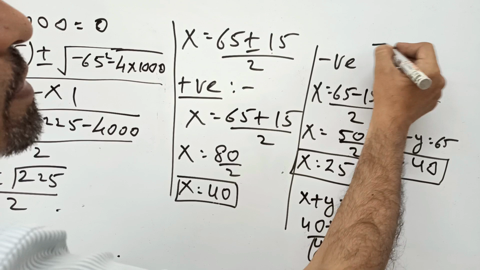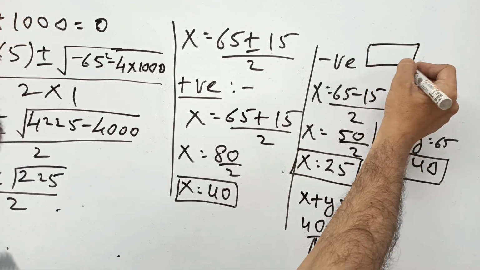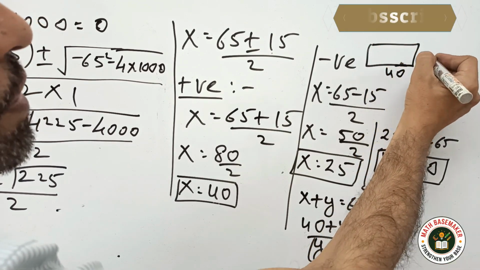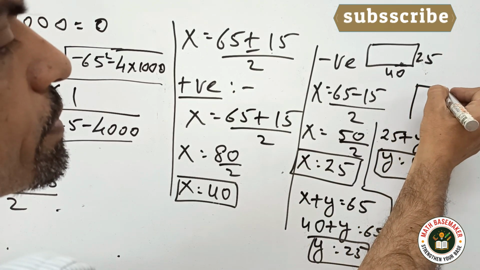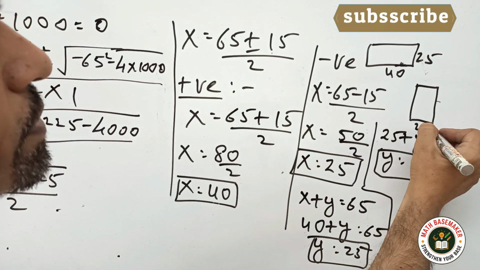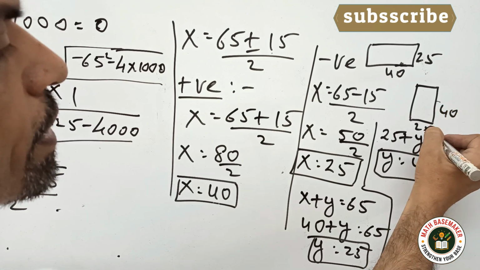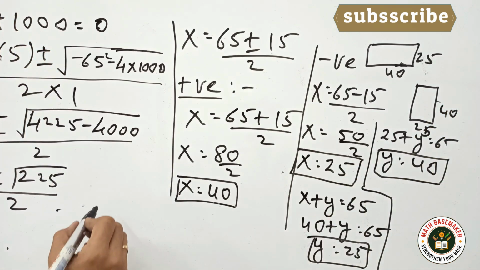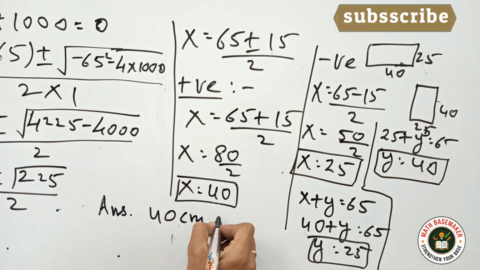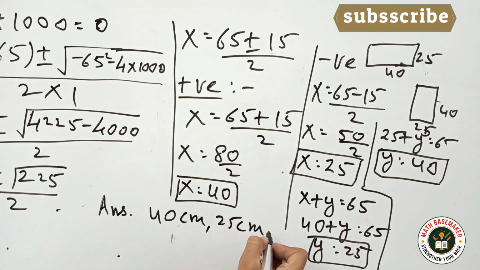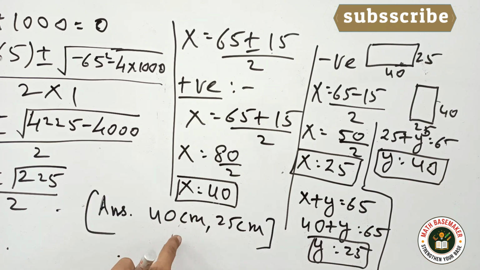The rectangle may have the length bigger and the breadth smaller, then it will be 40 and 25. Or if the rectangle is the other way, this is 25, this is 40, this is the length, this is the breadth. So our answer is 40 centimeter and 25 centimeter. We can take either one as length or breadth. This is the answer. These are the dimensions.